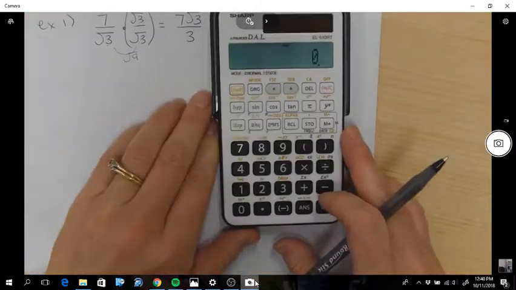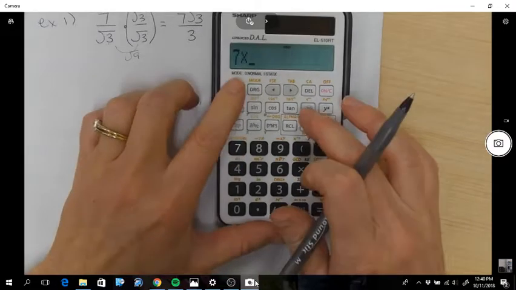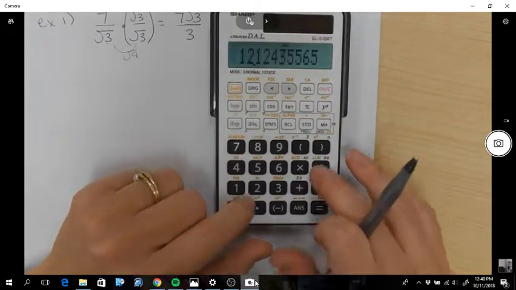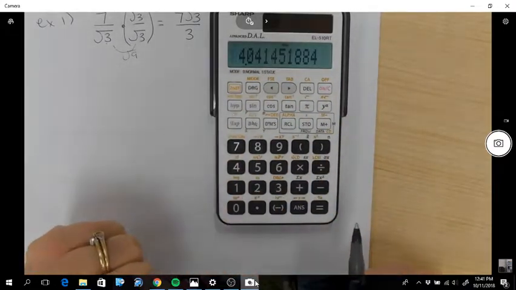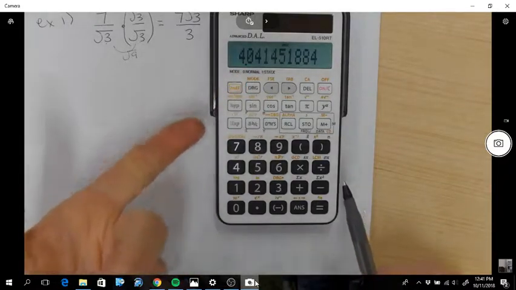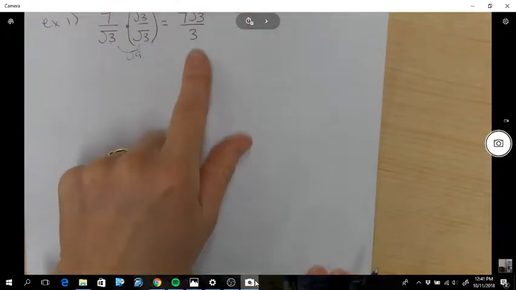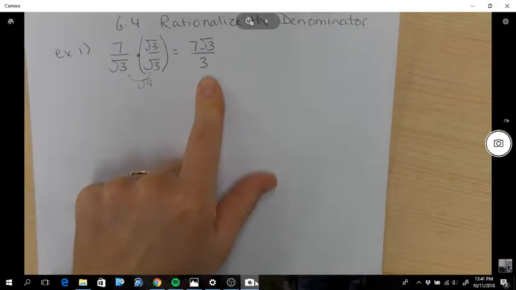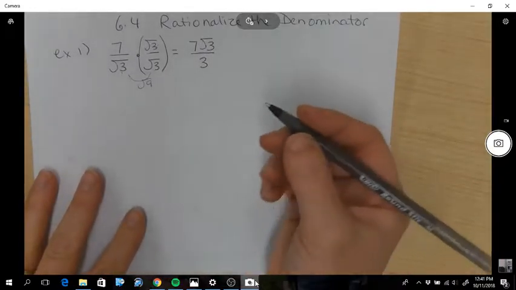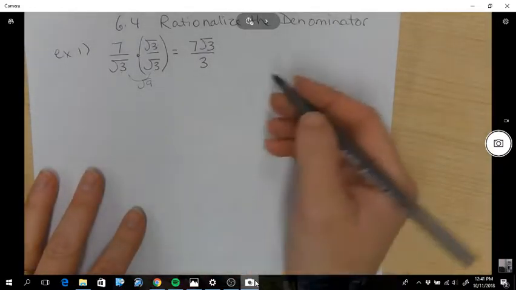Now we're going to look at the new value. We got 7 times root 3 divided by 3 is 4.04. So you can see that the value didn't change, but now it's expressed without a root or radical on the bottom.